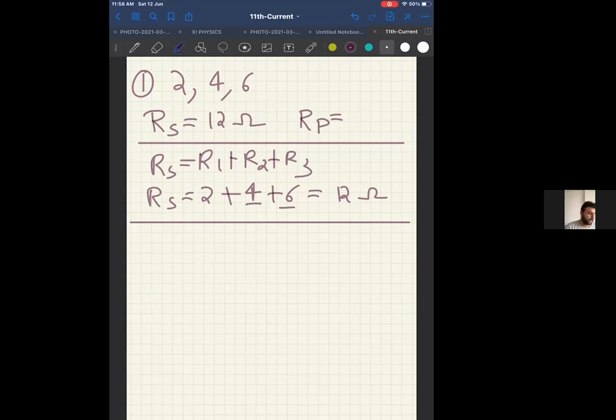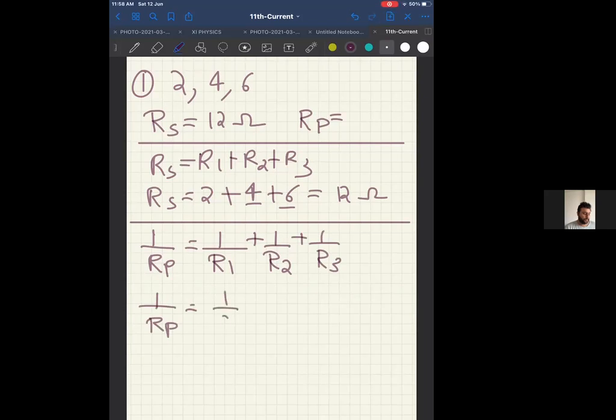Now the second part, RP. I have the formula 1 by RP is equal to 1 by R1 plus 1 by R2 plus 1 upon R3. Therefore, I have 1 upon RP is equal to 1 upon 2 plus 1 upon 4 plus 1 upon 6. Therefore, what is the LCM of 2, 4, and 6? I think the LCM should be 12.